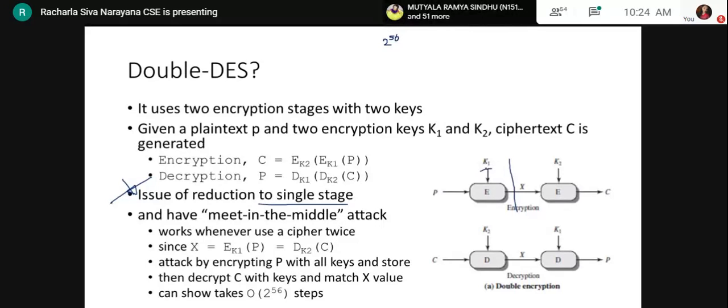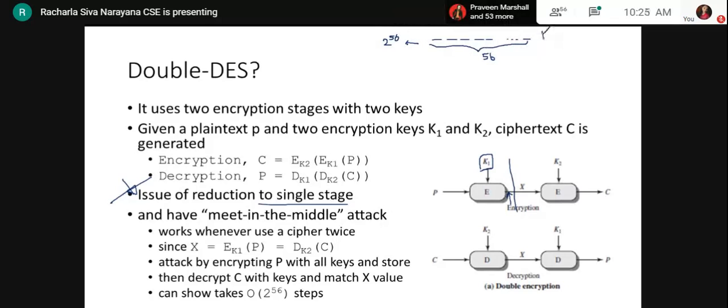To find K1, cryptanalysis needs 2 power 56 possible keys, because the length of the key is 56 bit. And the length of K2 is also 56 bit, so here also we have 2 power 56 possible keys.